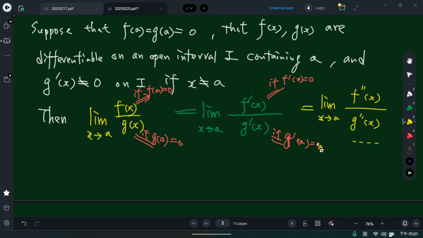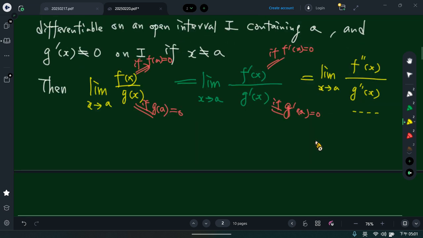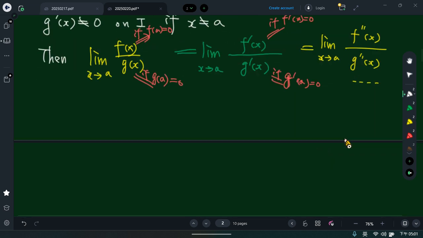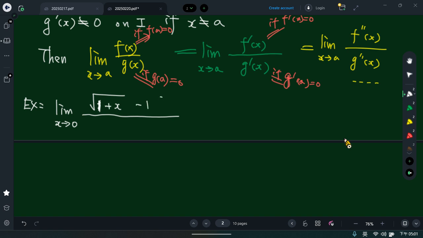So let me show you an example. For example, if I ask you to calculate the limit as x is approaching 0 of square root of 1 plus x, minus 1 minus x over 2, over x squared.